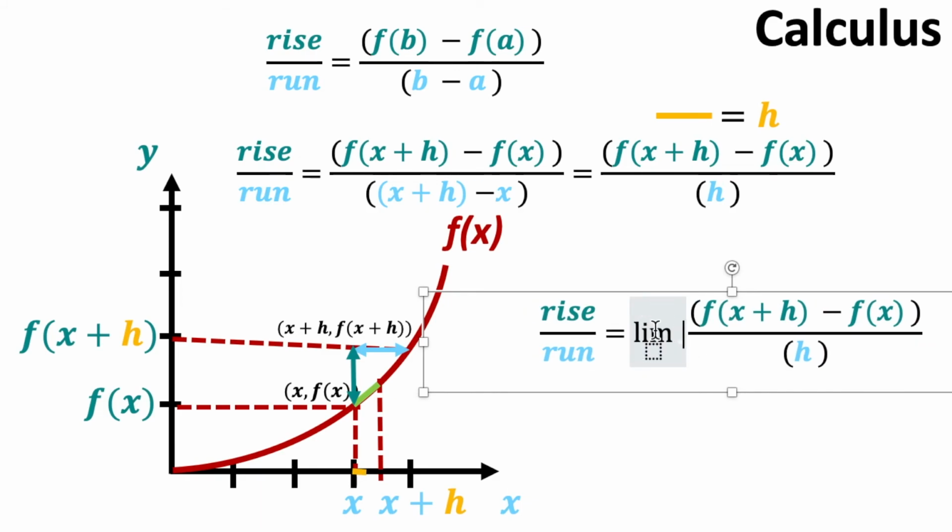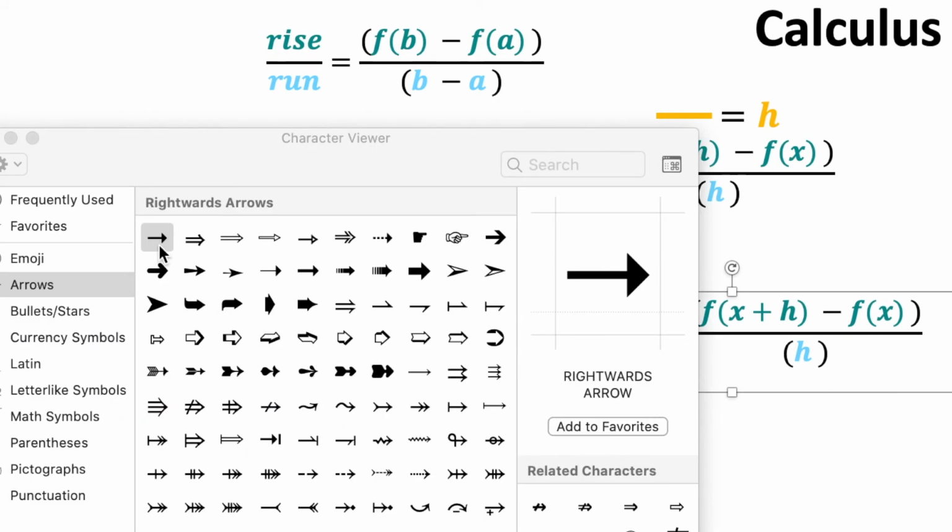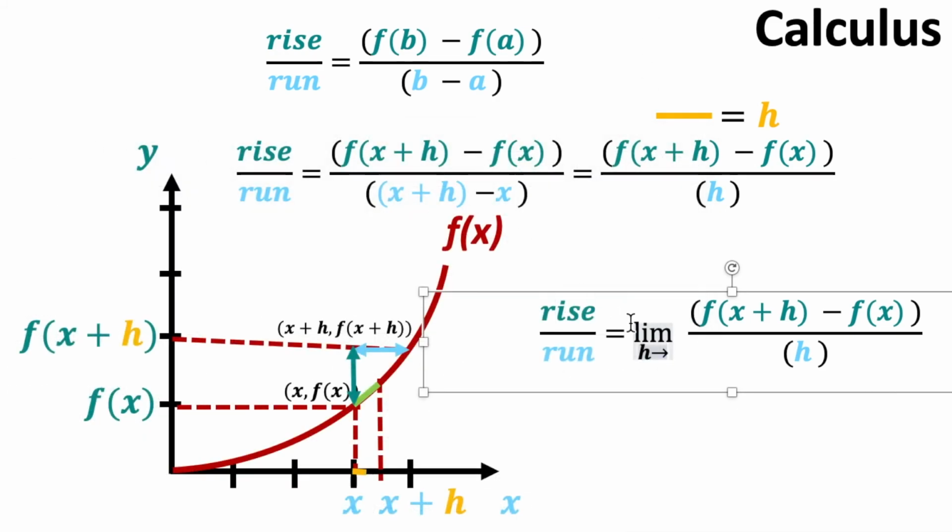So yeah, really please go watch the previous video, it'll make a lot more sense. So we want our h value to reach 0. So we can just write it here, as h approaches 0. So this is what we want basically.